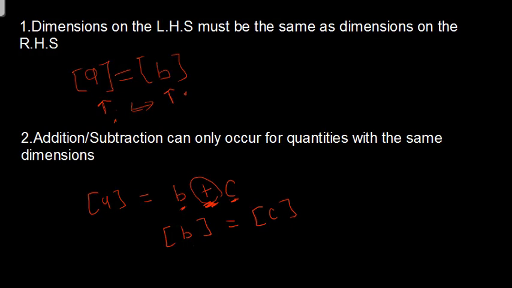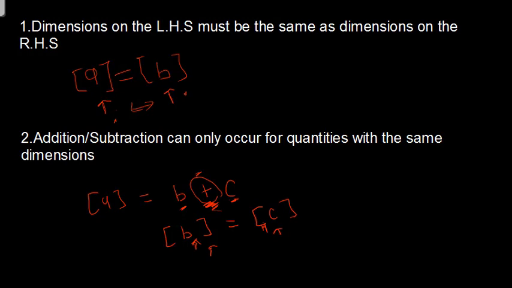So we are saying the dimensions of B and the dimensions of C must be the same for addition to occur. Or in the case of subtraction, where C is being subtracted from B, the dimensions of B must be the same as the dimensions of C. That is what rule number 2 entails.